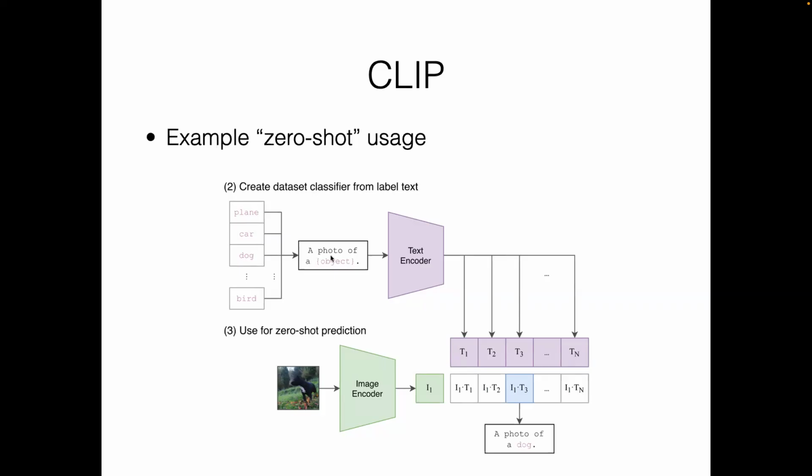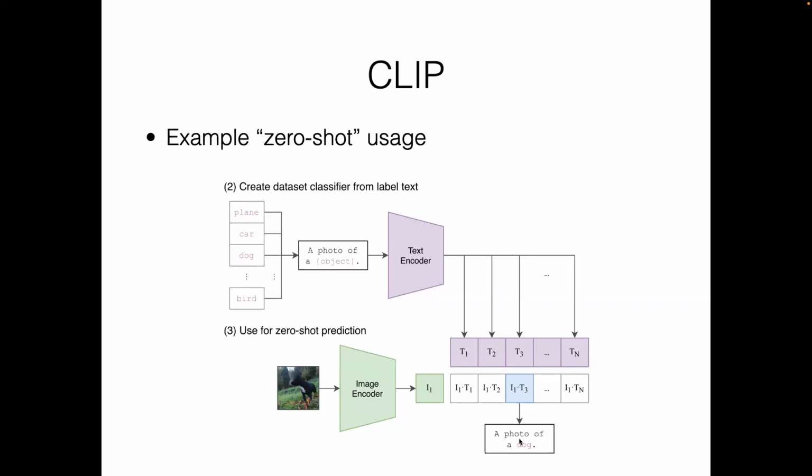Well, then you could turn each one of those into a string of text, like a photo of a car, a photo of a plane. Embed each one of those. Then you could embed your image just once, and get the score of each one. And now you have a classification model, right? Because it could say, okay, a photo of a dog has the highest score, so I'll use that as a classifier.